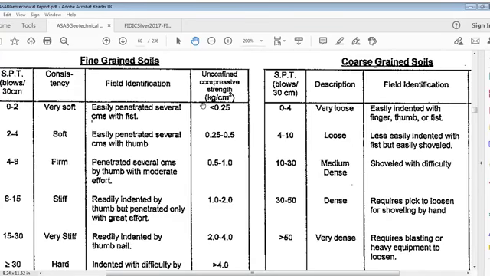You have to understand this in this table. This table is very clear. On one hand is fine grained soil, and on the other hand is coarse grained soil, and how they differ is given.